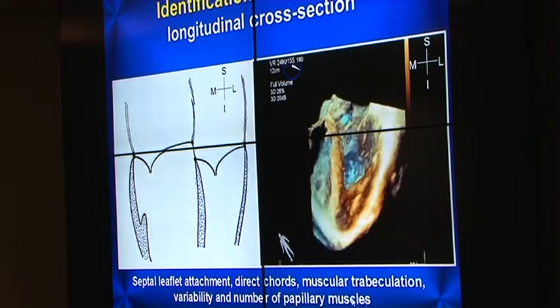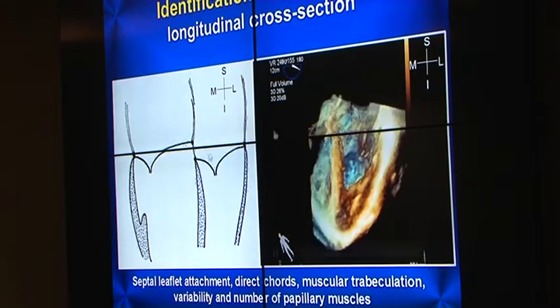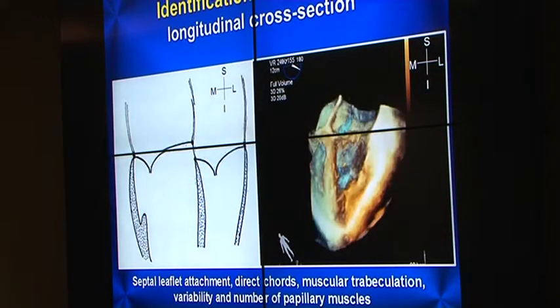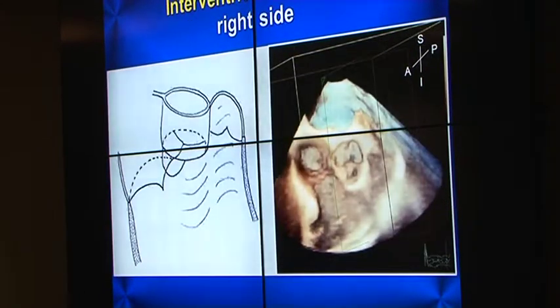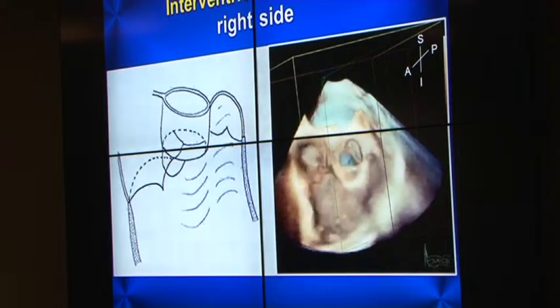And the trabeculation is more coarse in the right ventricle, and there are more papillary muscles. So with help of a good 3D loop, all those characteristics can be defined, and in congenital heart disease helps us to recognize which is left, which is right. This movie moves so strange.